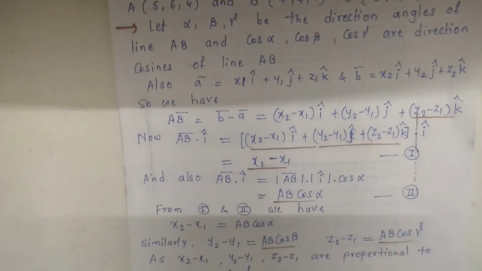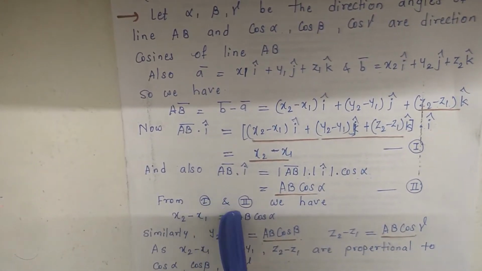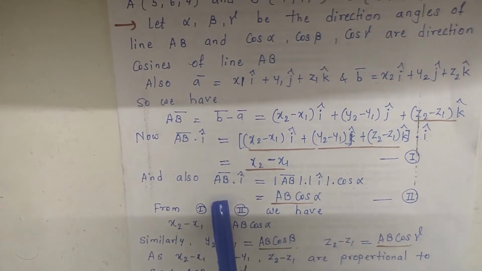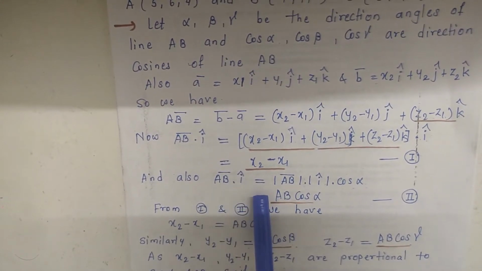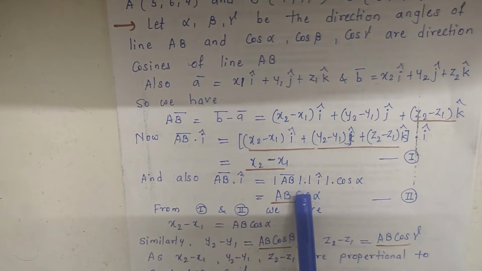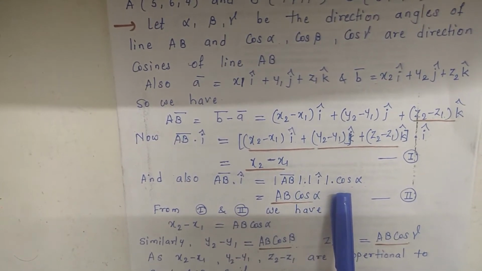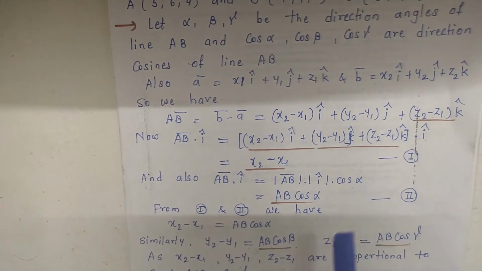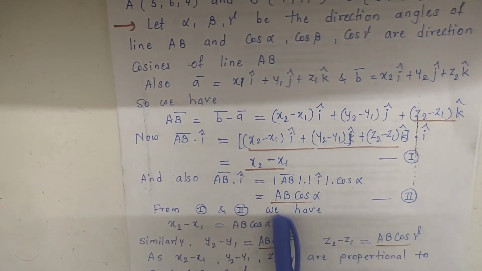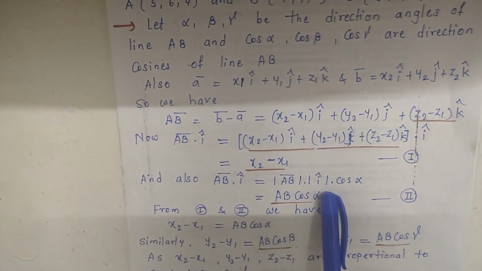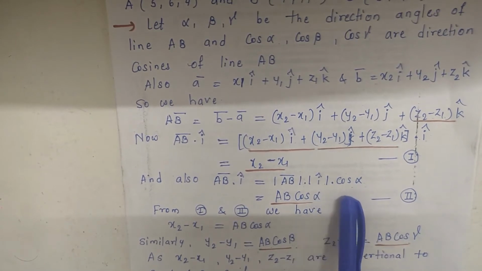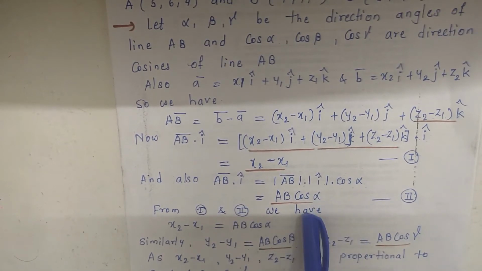And by using the definition of dot product, AB bar dot i cap is equal to the magnitude of AB bar times the magnitude of i cap times cos alpha. The magnitude of AB bar is AB, the magnitude of i cap is 1, and the direction cosine is cos alpha.